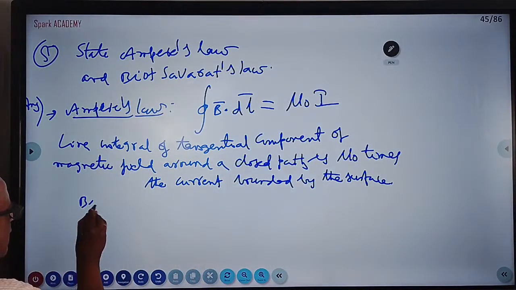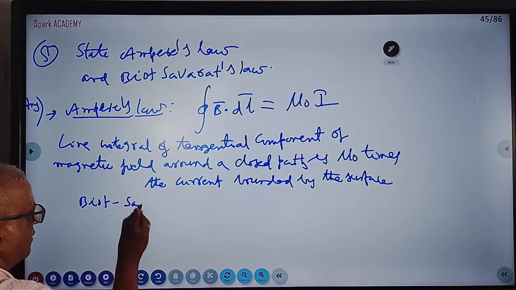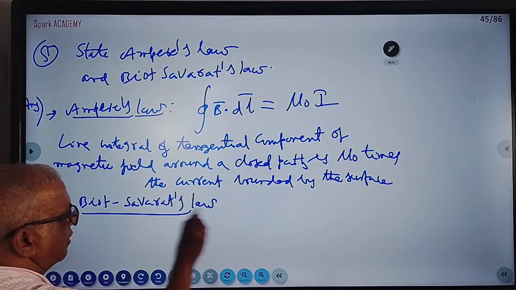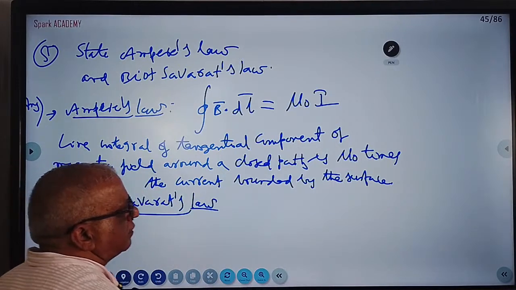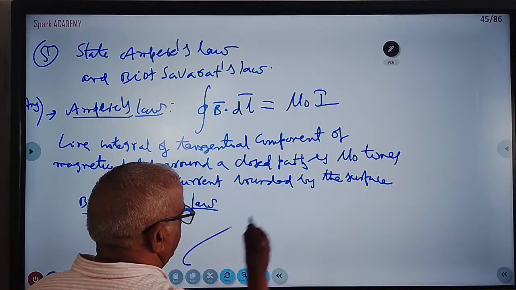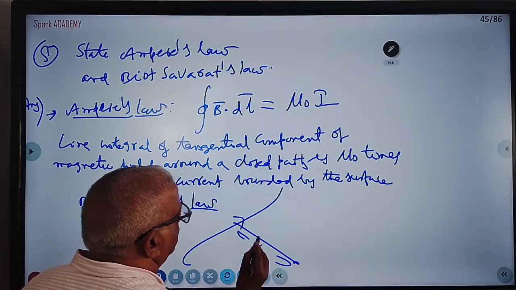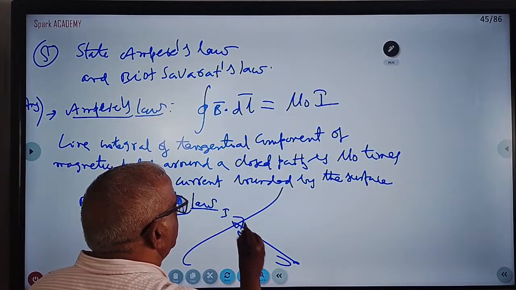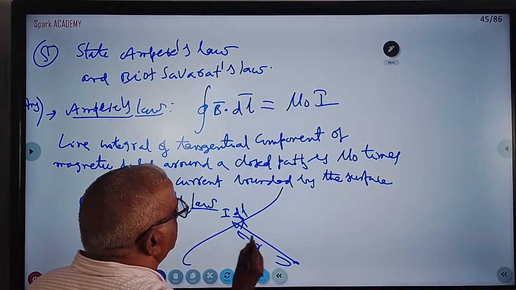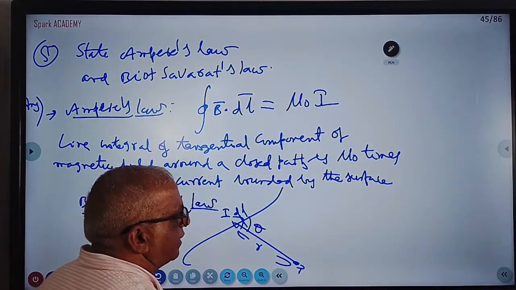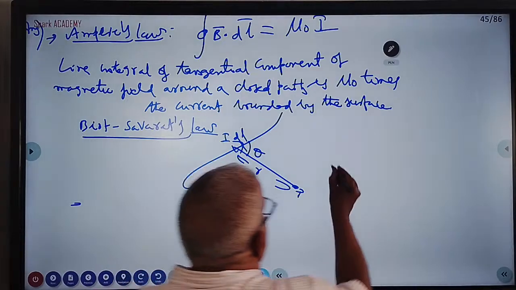What is Biot-Savart law I am writing? Biot-Savart law, I am taking an irregular wire. At a distance r, I want to find out magnetic field. This is I, small element dl I am taking, I dl, making an angle theta. At this point P, I want to find magnetic field. So what is Biot-Savart law?